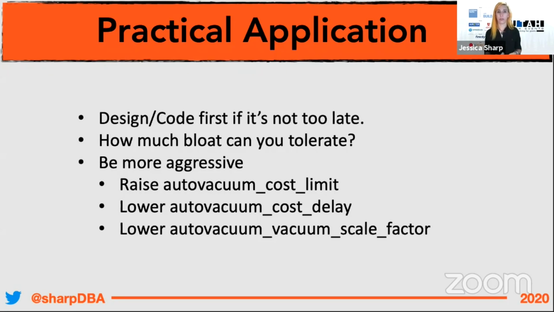If you're tuning autovacuum and you leave your nap time at a minute, you've missed something. Decrease the nap time heavily, like under a second in your larger databases, and lower your scale factor so that your watermark for triggering an autovacuum is lower. So it goes sooner.